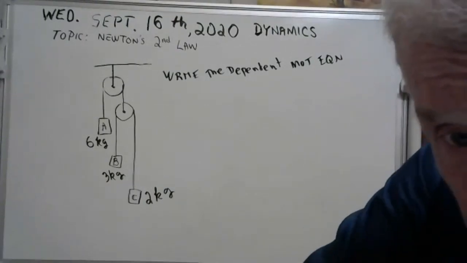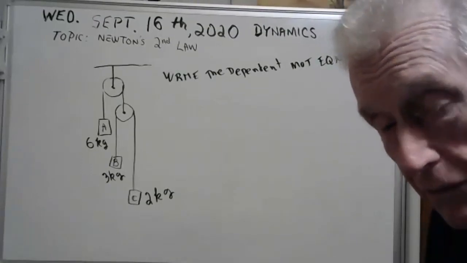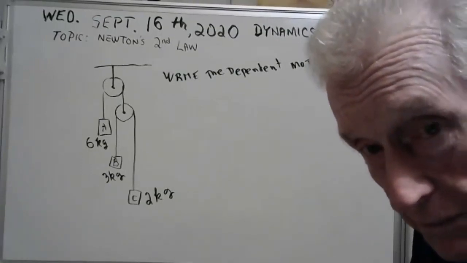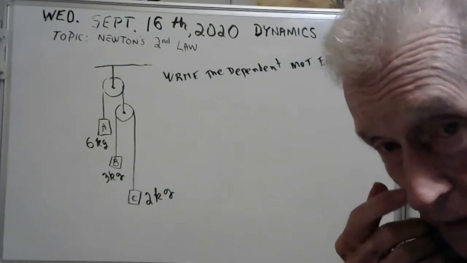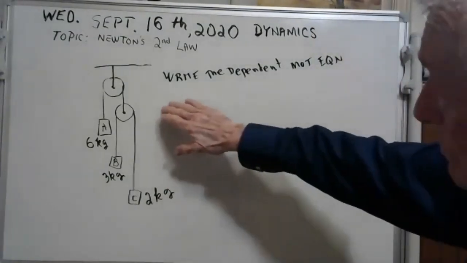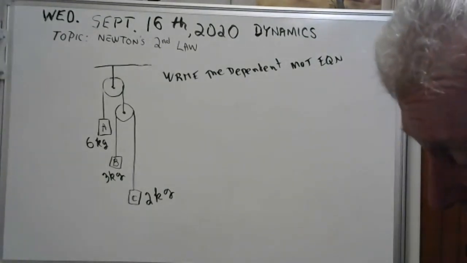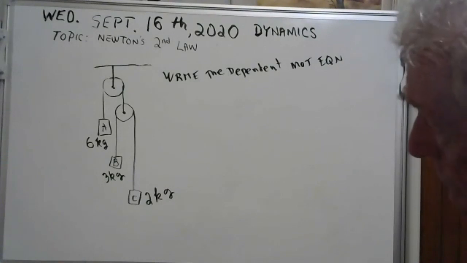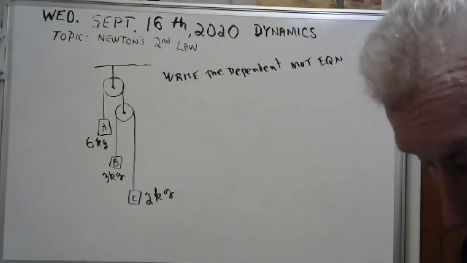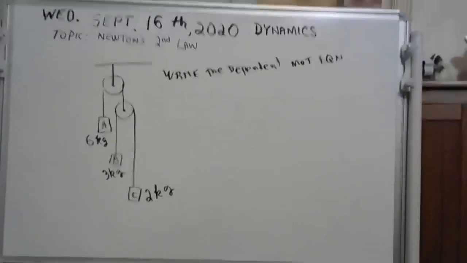You'll never get them right. So I am going to shut up now for a minute. At least a minute, because you might have to think about it a little bit. And I want you to write the dependent motion equation. I've shown you how to do it. In fact, I've shown you a couple of ways to do it. Go for it. See if you can write the dependent motion equation.